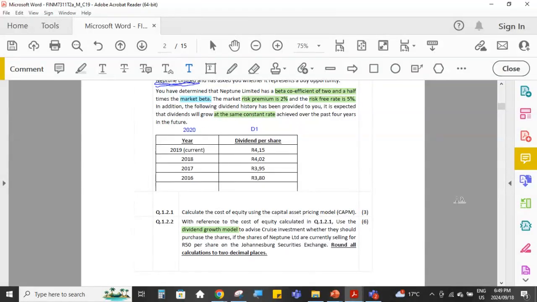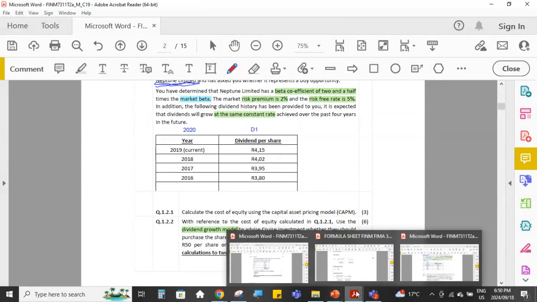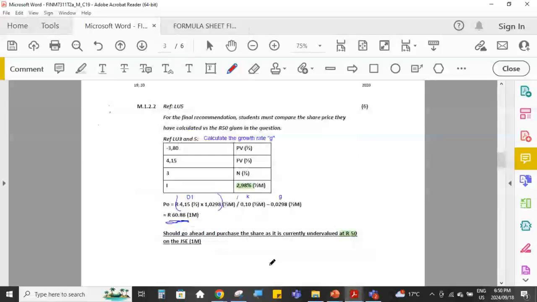So there is in your time value of money chapter, there is a calculation there that they've given you, like a maths one, if you want to call it that, where you can calculate the growth rate with this information here. But in this particular memo, we have used our financial calculator.